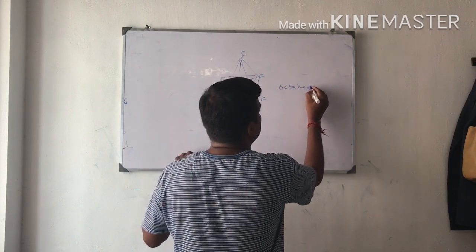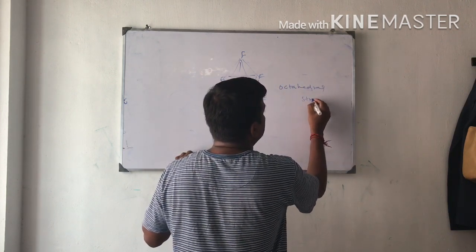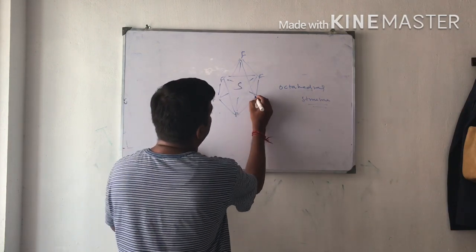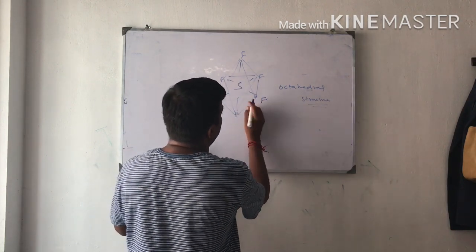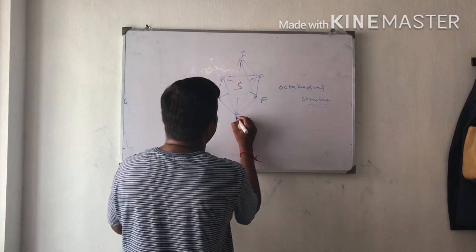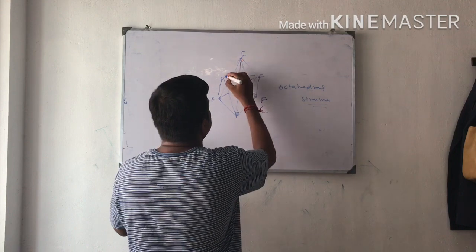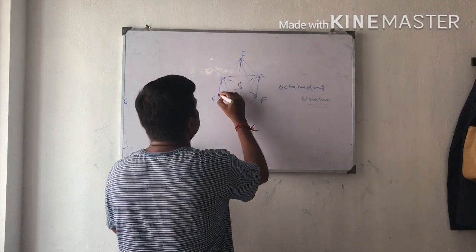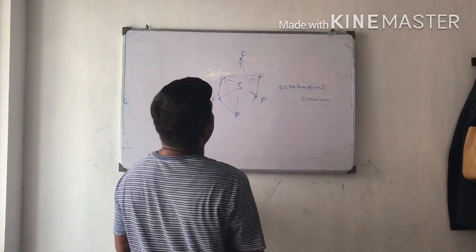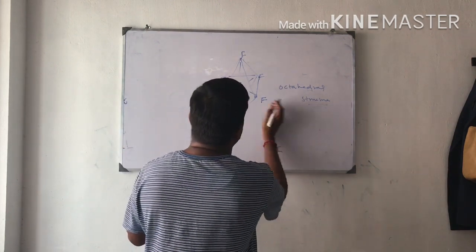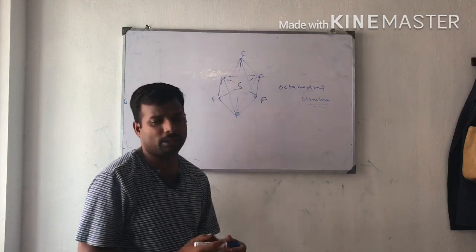This compound is exceptionally stable due to steric factor. All the fluorines are attached to sulfur at proper distance. That's why they are highly stable. The bond angles and all we learned in the chemical bonding lesson.